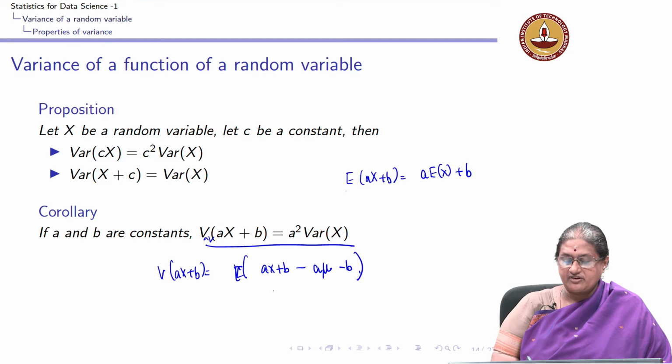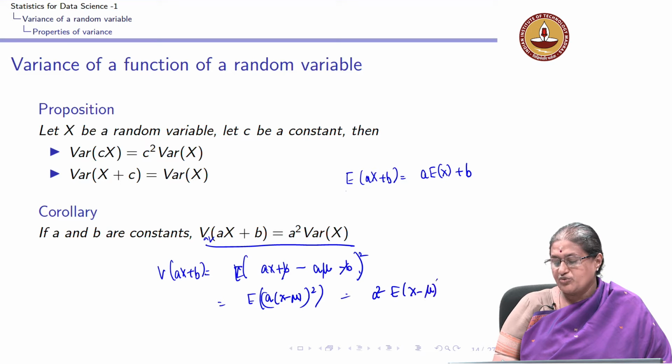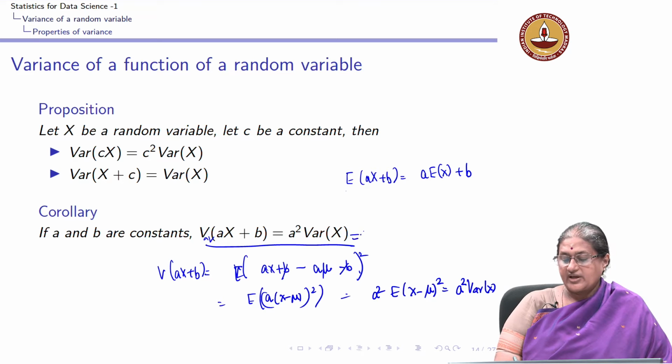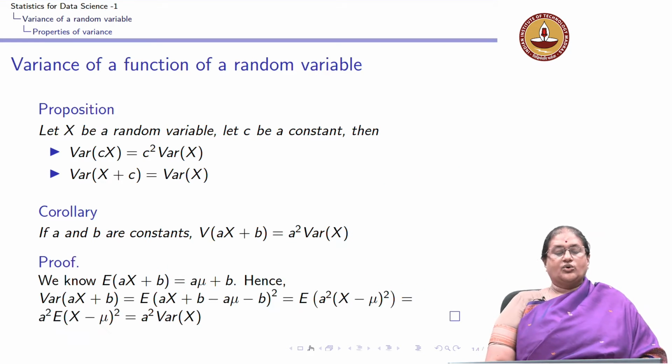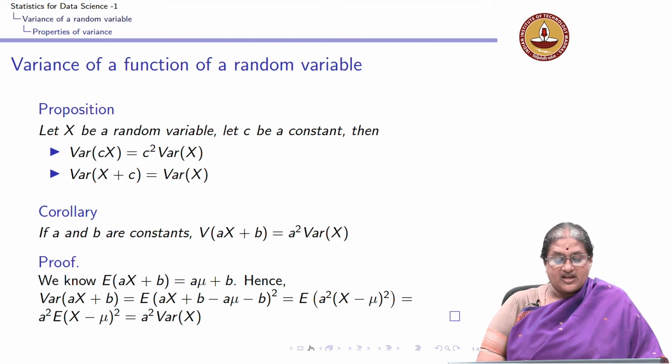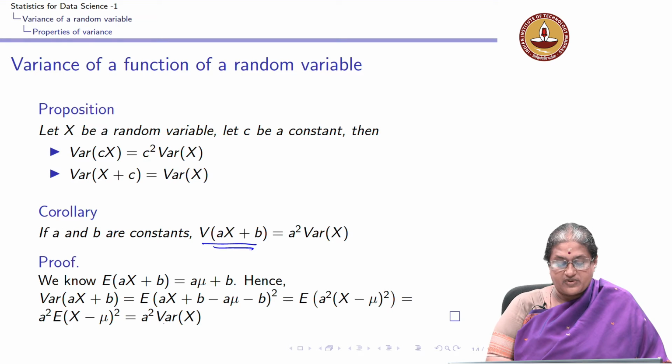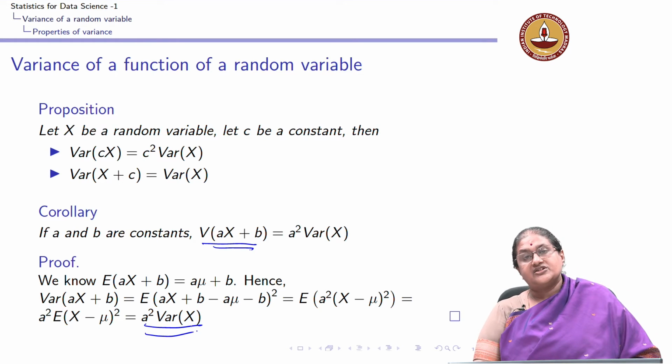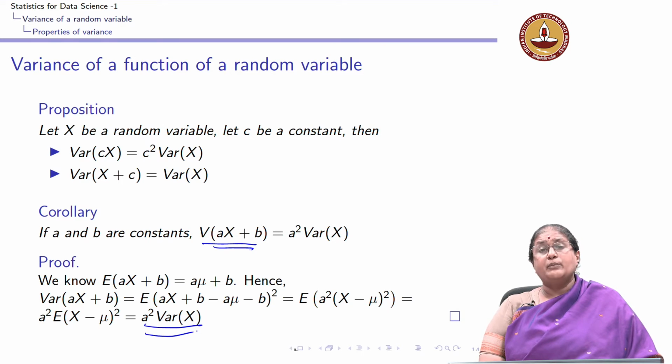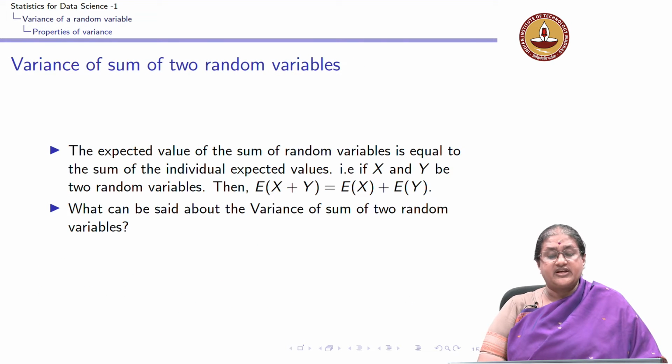The b and minus b cancel out, so I get the expectation of a into X minus mu whole square, which is a square expectation of X minus mu whole square, which is a square variance of X. Hence, if a and b are constants, the variance of aX plus b is a square variance of X.